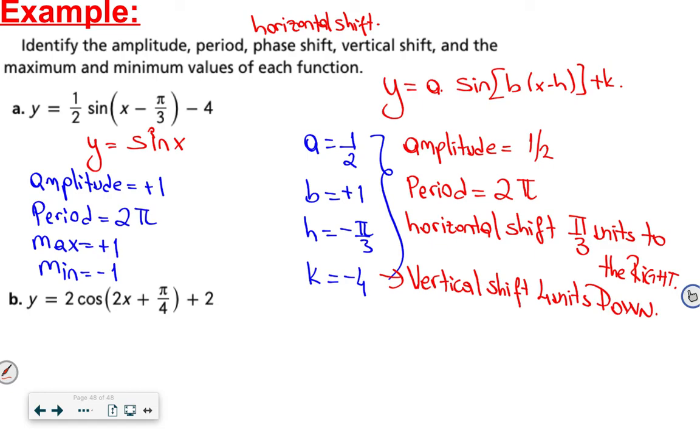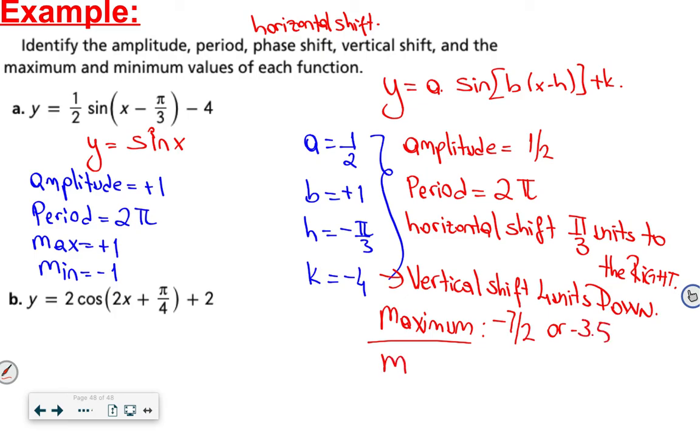All right, and your maximum is going to become 1/2 minus 4, which is negative 7 over 2, or negative 3.5.